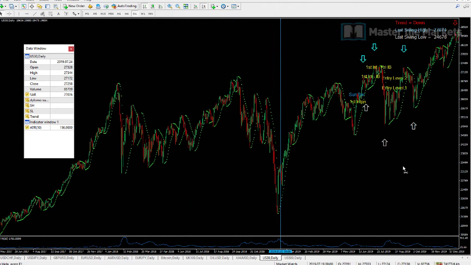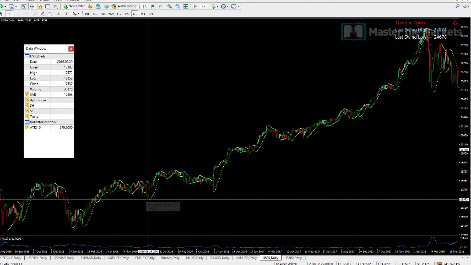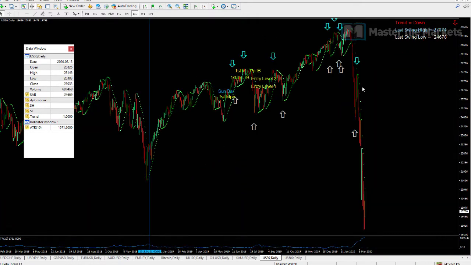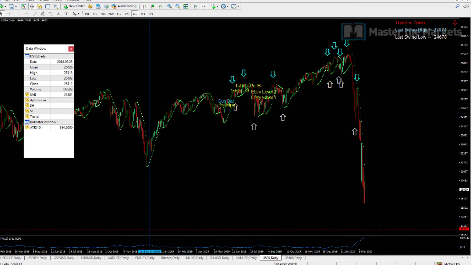And what was the time scale that it took to do that? If you take a look, it's 2016 to 2020. It's about 4 years it took. But look at this now, right? It took 4 years for it to go up.